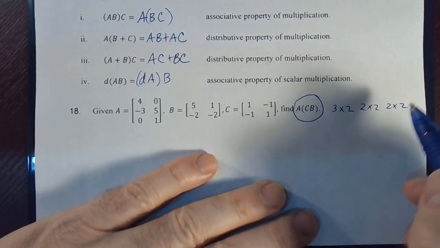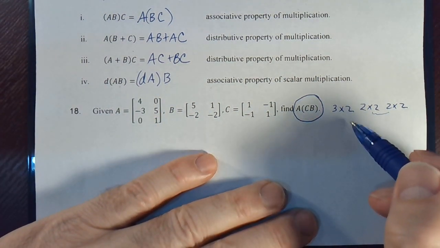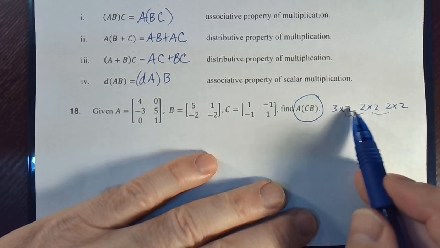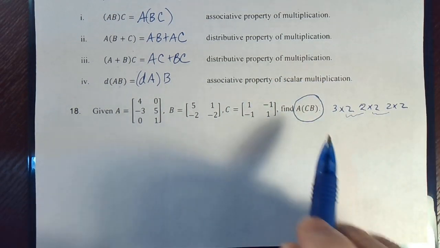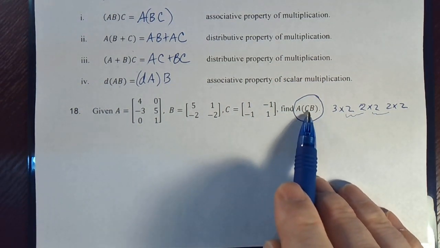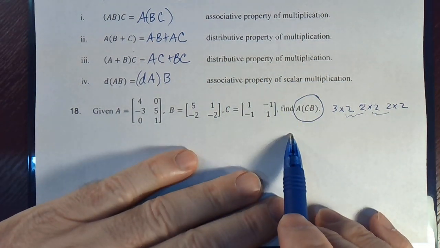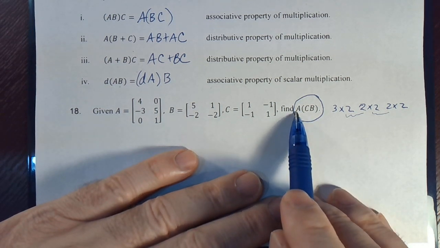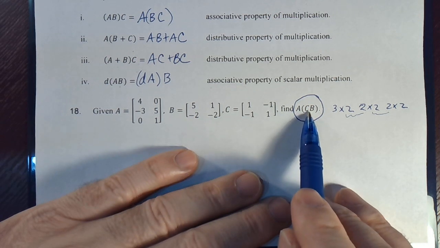So notice that we could multiply these two together, and we could multiply these two together because the inside numbers match. So what the property tells us is we're going to multiply it just like this. We're going to do CB, and then we're going to multiply A times this resulting product matrix CB, although we would get the same answer if we did AC first and then B.